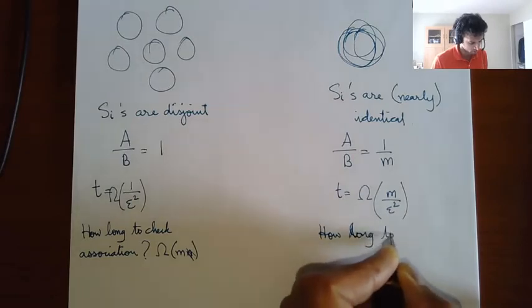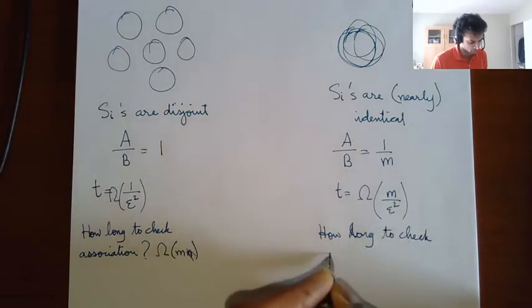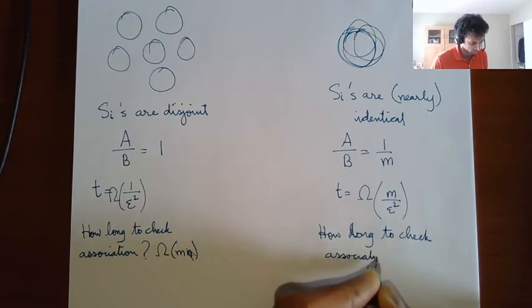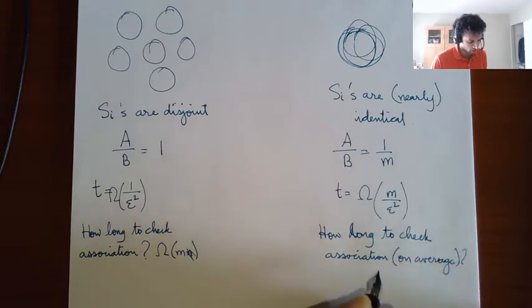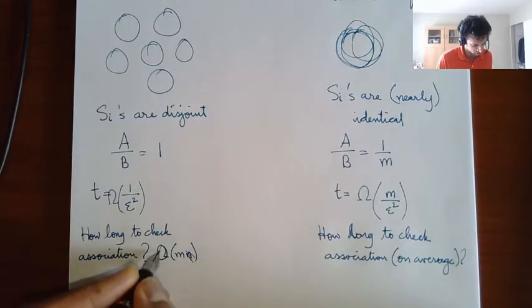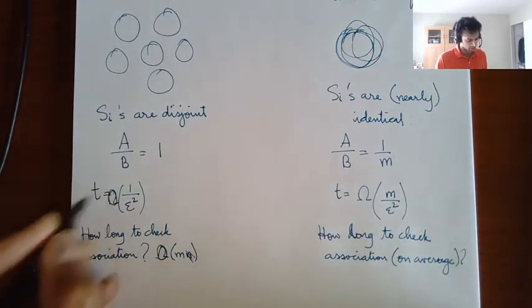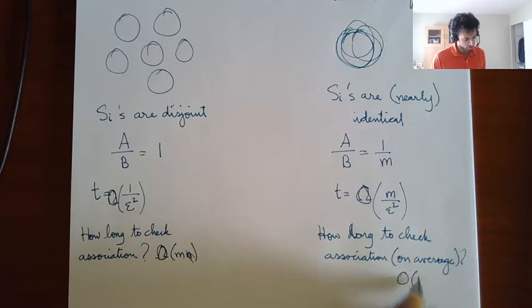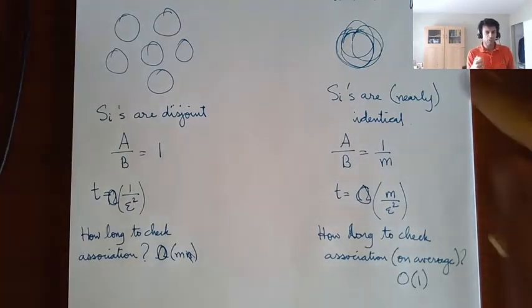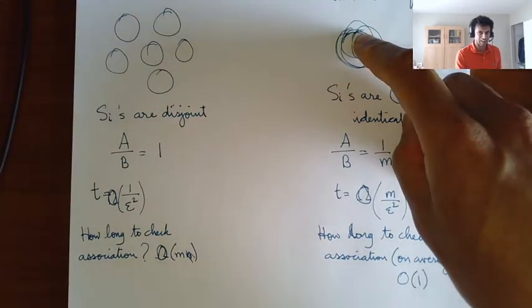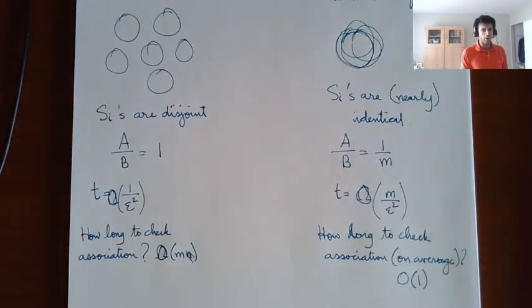Now this is somewhat of an ill-posed question. It takes like O of 1. On average, this should take O of mn here, and this should just be O of 1, because everything is assigned to one unique clause, but it satisfies almost all clauses.